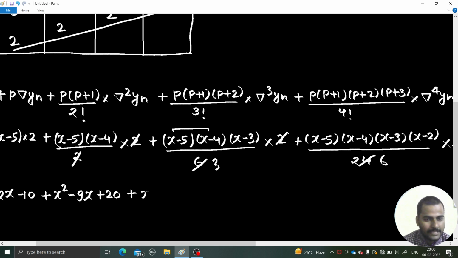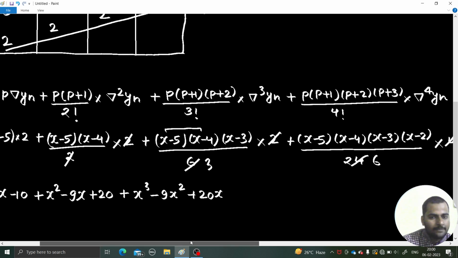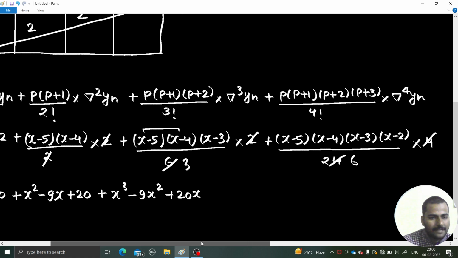So you will get x cube minus 9x square, and plus 20x, then multiply it by minus 3 and write.